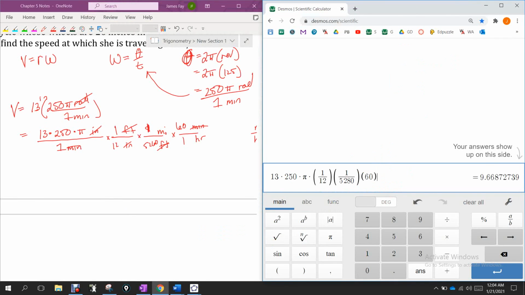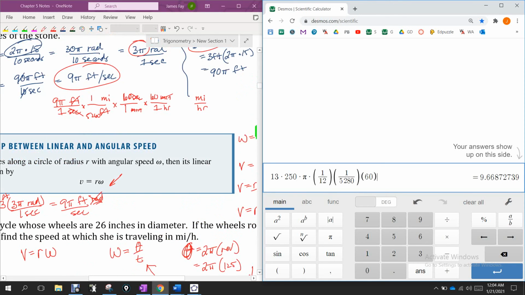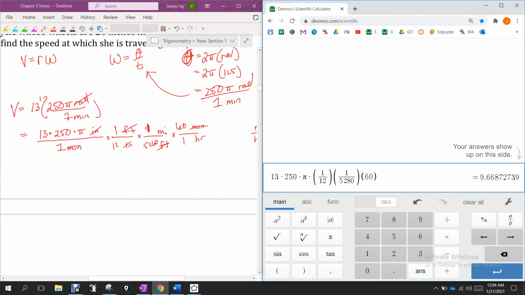So when we type that in, 13 times 250 times pi over 1, so I didn't really put over 1 there, but times 1 over 12 times 1 over 5280. I don't know why I wrote 5260. I think I might have even done that up here. Yeah, 5,280 feet in a mile, not 5,260.